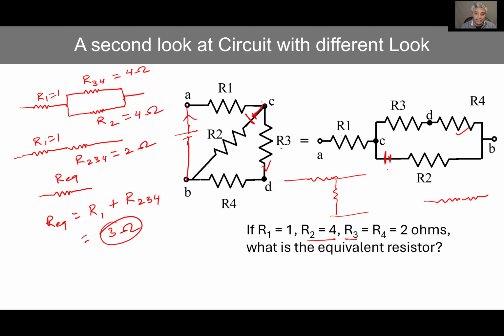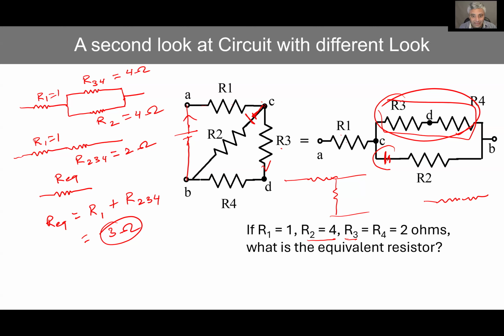If this battery shows up in the middle, then our series and parallel approach may not work. This series may still work, but now we cannot say this combination is in parallel with R2 because there is another source over there. Okay, so how do we analyze that kind of circuit?